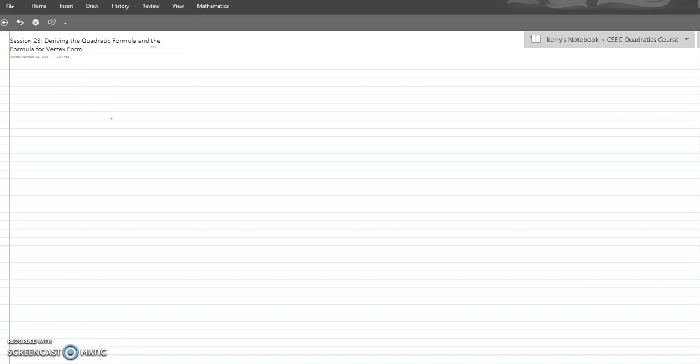Derive means that I want to show you where the formula comes from, because I hate to give students a formula that they don't know where it comes from. It just looks as if it magically appeared. Now, this is something to take note of: you do not need to know the deriving. This is to show you where the formula comes from, but you don't need to know how to get these things.